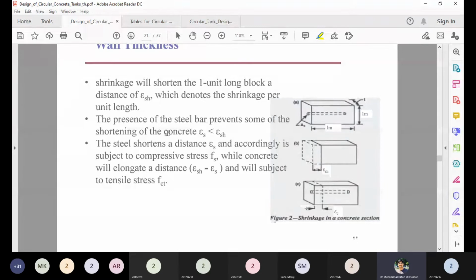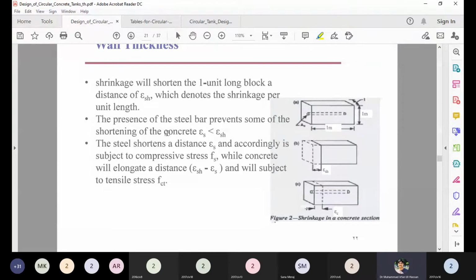So epsilon s is less than epsilon shrinkage, and the steel basically shortens by a distance epsilon s and accordingly is subjected to the compressive stress Fs, while the concrete will elongate by a distance epsilon sh minus epsilon s and will be subjected to the tensile stress Fct.